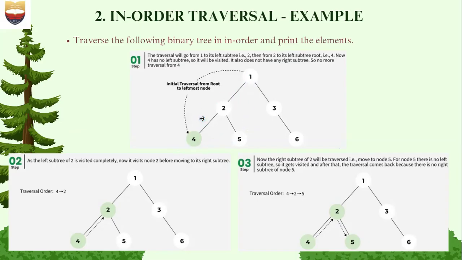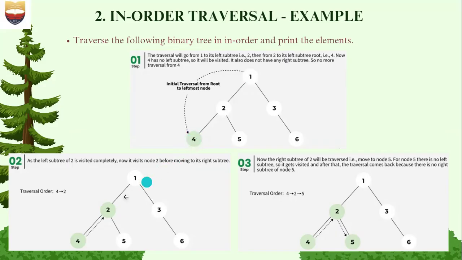Once you have found the left subtree of the given tree, next you have to focus on the 3 steps. What is the first one? Traversing the left subtree. And here 2 is the parent node, just like the root node. Therefore, we have to start our traversal only from the leftmost child, and here the leftmost child is 4. So the first visited node is 4.